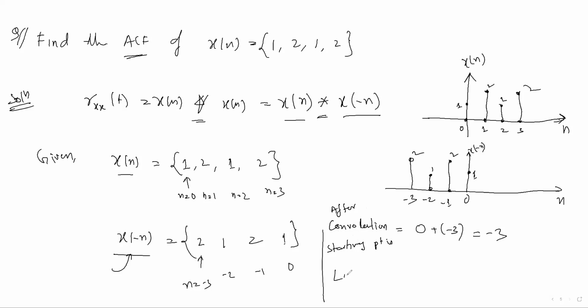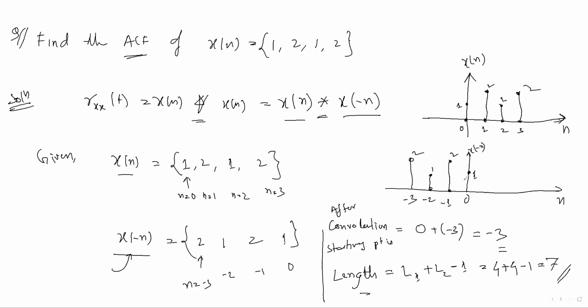And what will be the length of the sequence? I have said many times that if the length of the first signal is L1 and the second is L2, then the length of the convolved signal is L1 plus L2 minus 1. L1 is 4, L2 is 4, minus 1, so it is 7. So the starting point of the convolution signal is -3 and its length would be 7.